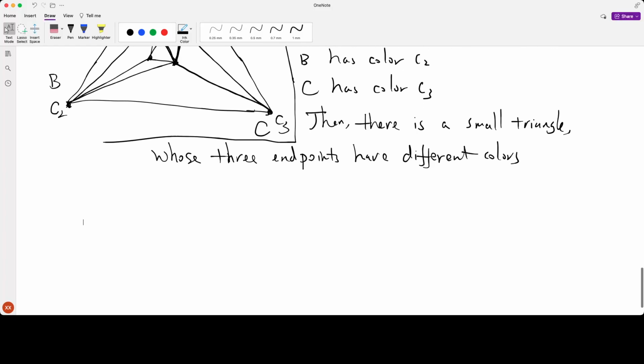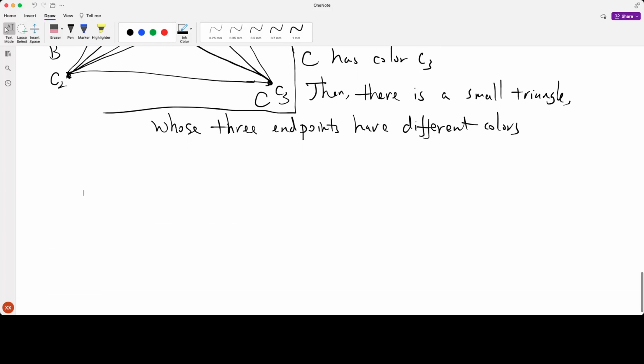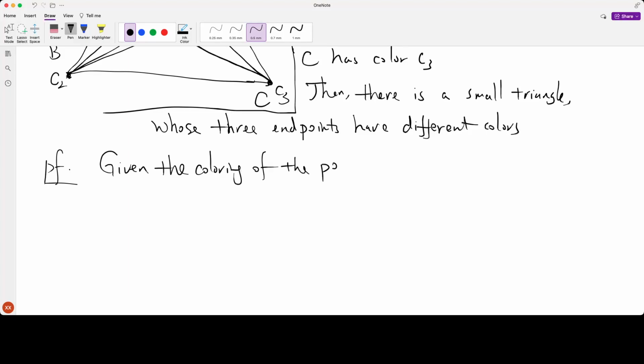Yeah, right, okay. So the proof is as the following. It's a little interesting. How to use graph theory to do this? It's very interesting. So given the coloring, let's say the coloring is given of the vertices, of the points.